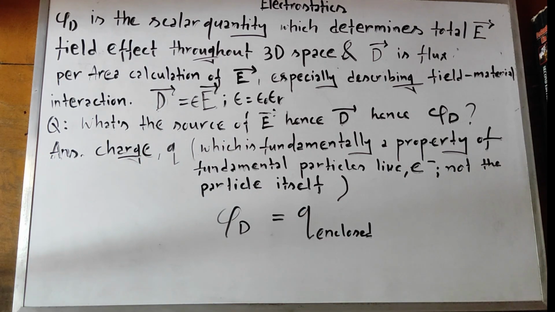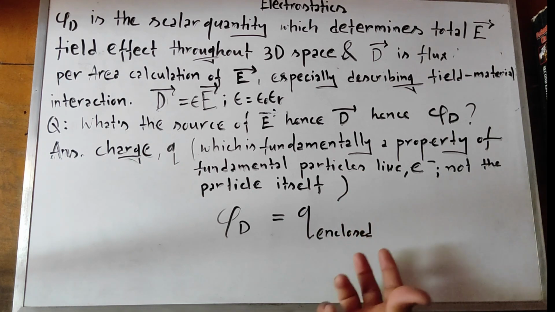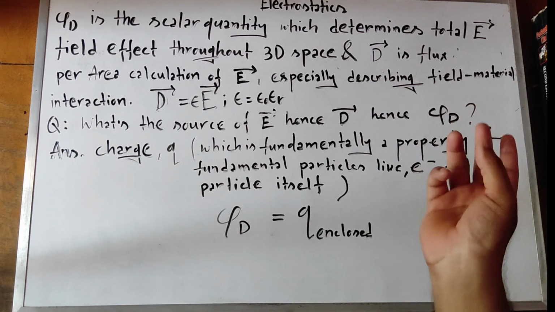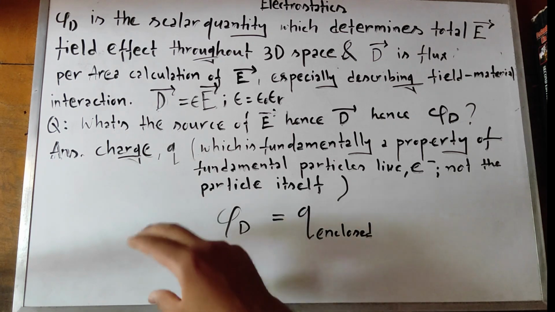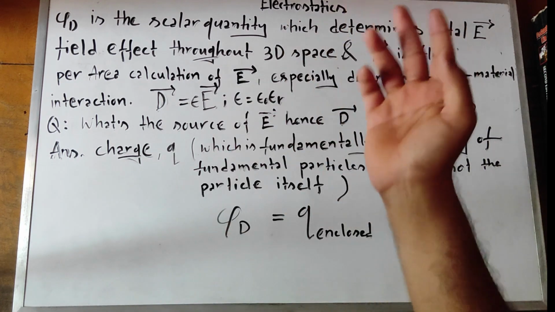Charge is a fundamental property of particles. So the particles which have charge are also a source of fields. Or we can say that particles with charge can interact with electromagnetic fields and other fields.